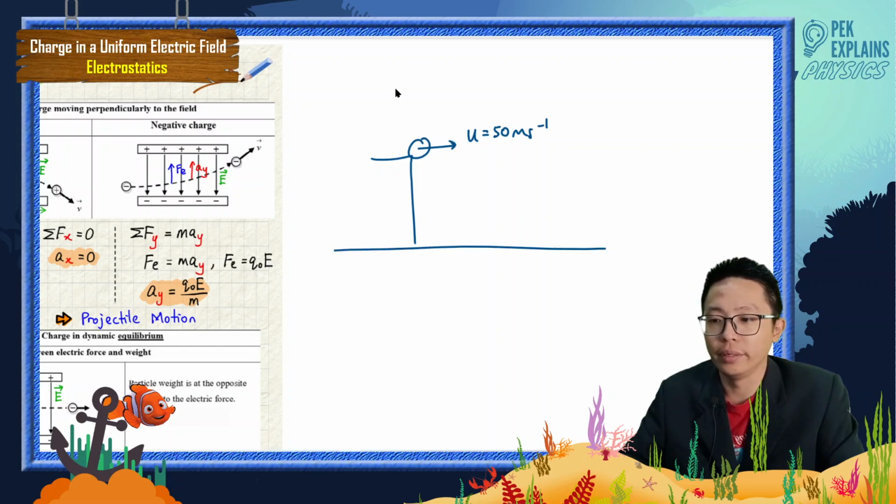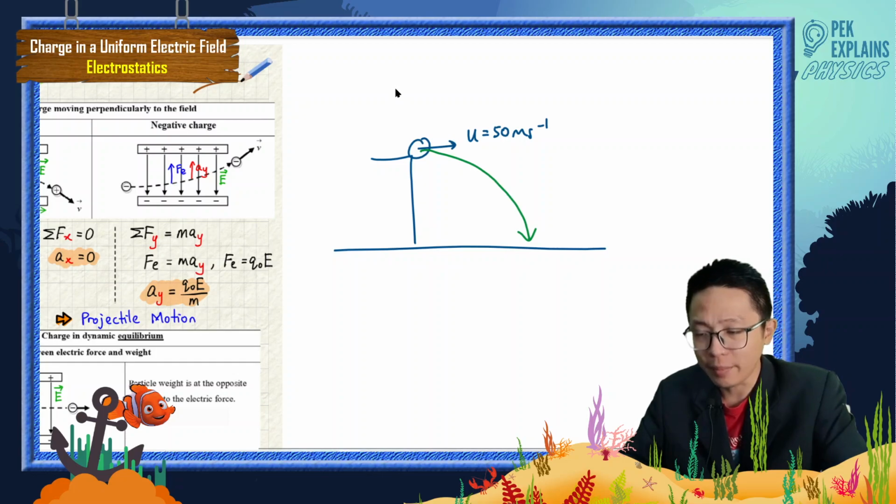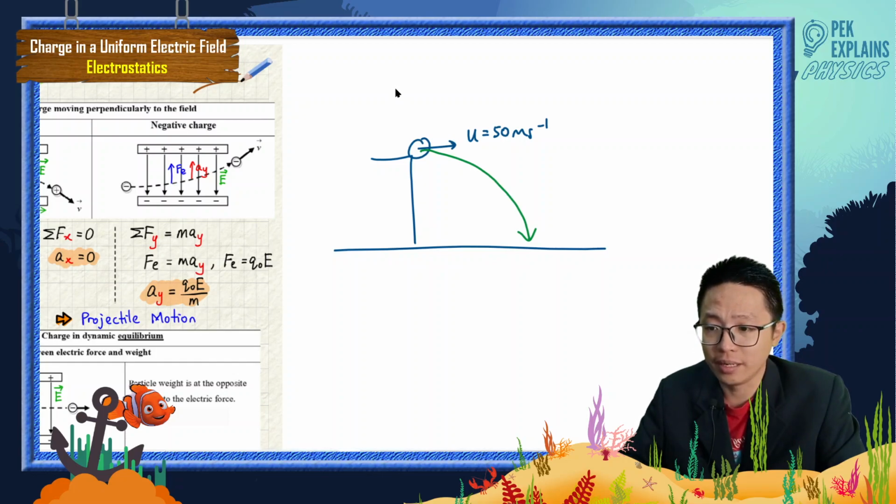No, it will go down this way. It will curve downward. Why does it curve downward? Because this ball is attracted by the gravitational force, or the weight.